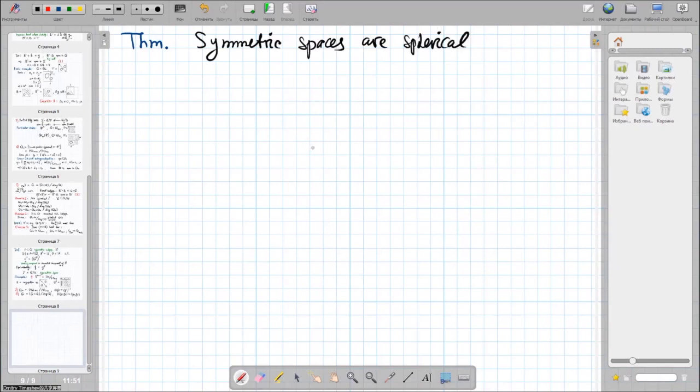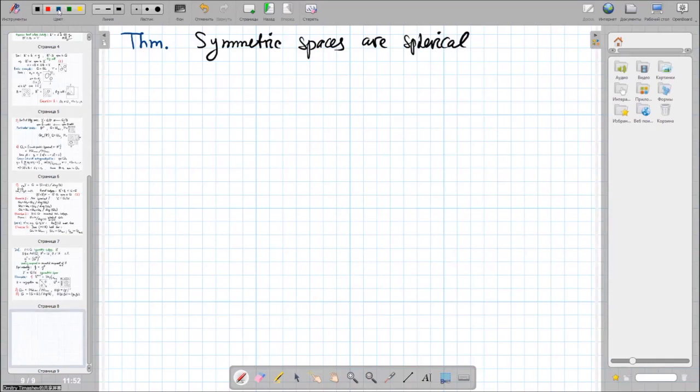Symmetric spaces are always spherical. So we have a relatively big class of nice homogeneous spaces, which belong to the class of spherical homogeneous spaces.